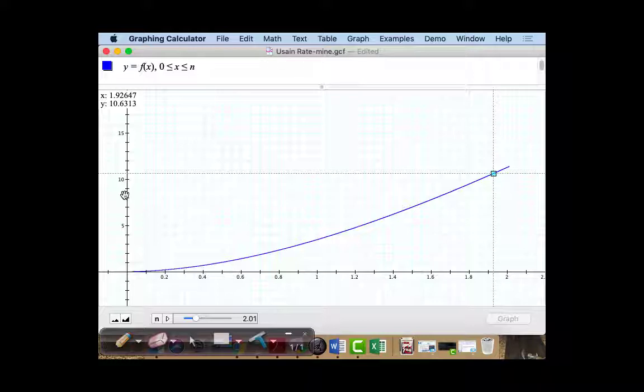So at the beginning, just looking at this, talking about what's happening, he's going slowly at first and then more quickly later on. And we can tell that by the angle of the graph, not like 45 degrees or 23 degrees, that sort of angle, but just steepness of the graph.